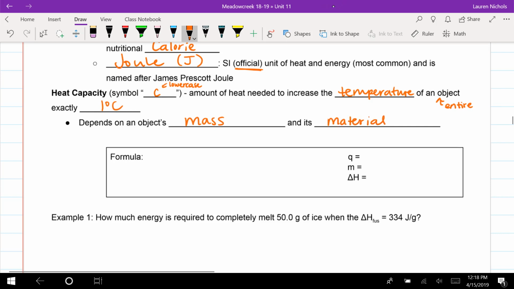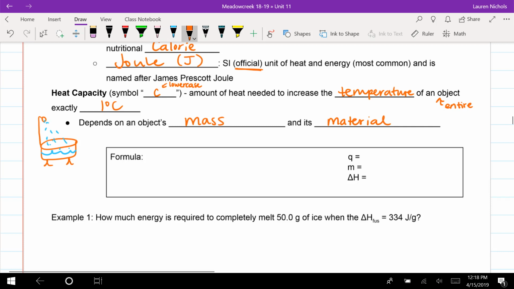So for example, let's see if I can draw a bathtub here pretty quickly. We'll have a clawfoot bathtub that's got some water in it and some coming out of the shower.